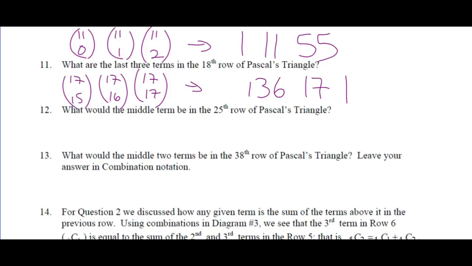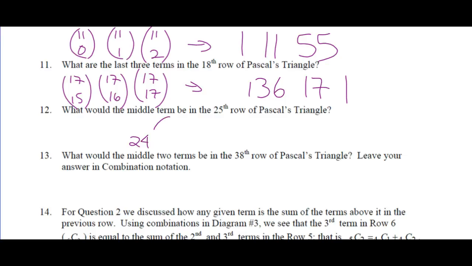What would be the middle term in the 25th row? The 25th row has how many terms? 25 terms. What's the middle? If I have a set of 25 objects, the middle one is the 13th. How does the 25th row start? 24 choose 0.